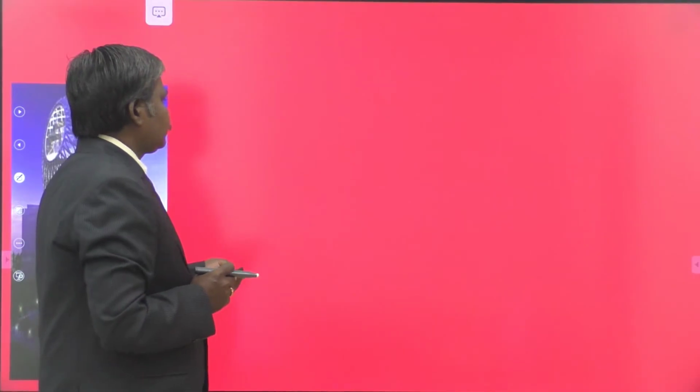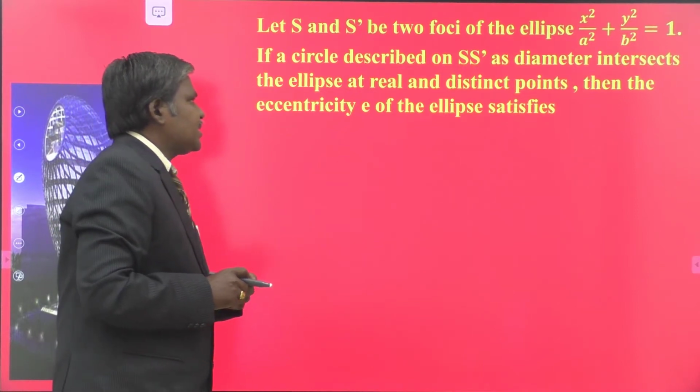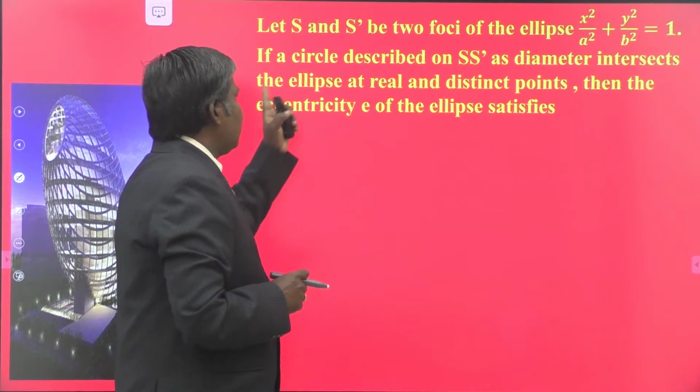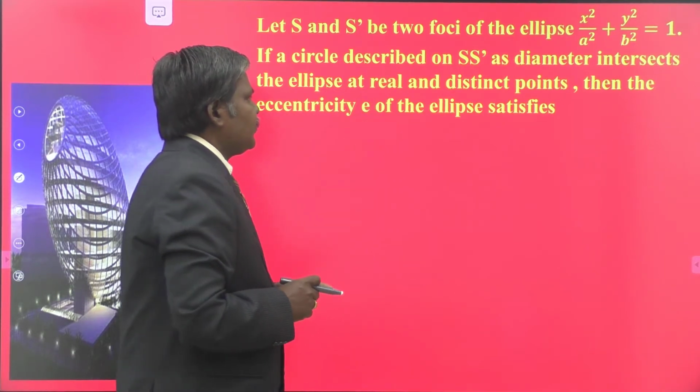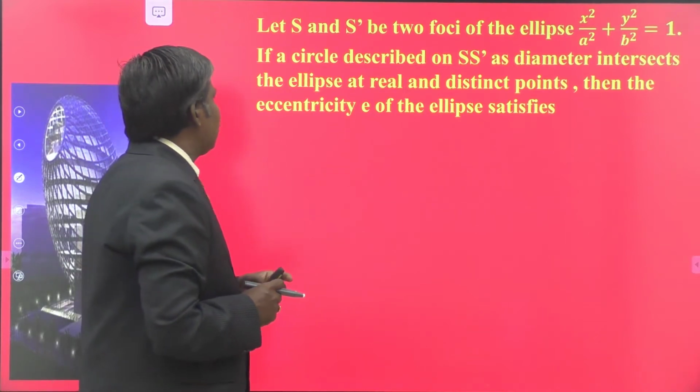Next one. See here, let S and S dash be the two foci of the ellipse. What is the equation of the ellipse? x square by a square plus y square by b square is equal to 1.